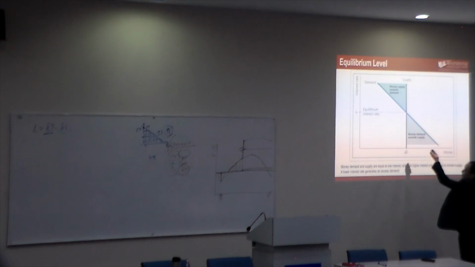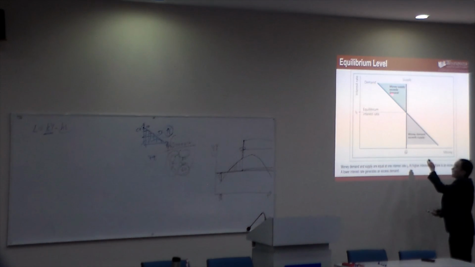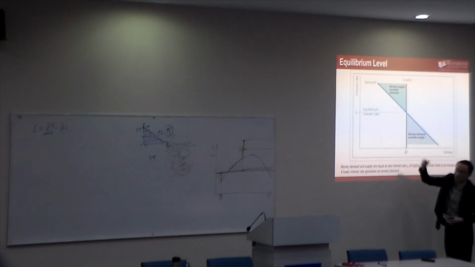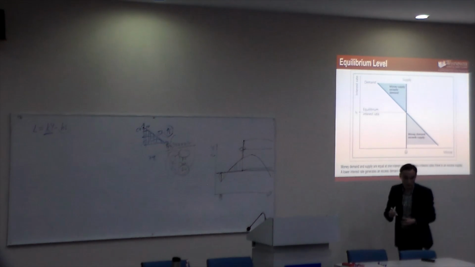If money supply exceeds demand at some point, then people will hold more money than they want, which is going to drive down the interest rate. If money demand exceeds supply, then it will drive up the interest rate.